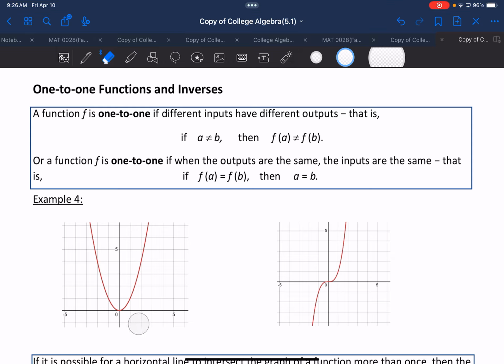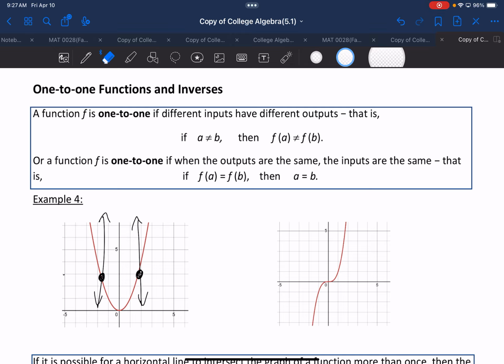Well, in order for a function to be a one-to-one function, it would also have to pass a horizontal line test. And let me remind you first, let me back up. The vertical line test means that no x values are repeating, right? This is a function, this parabola, but my y values are repeating.